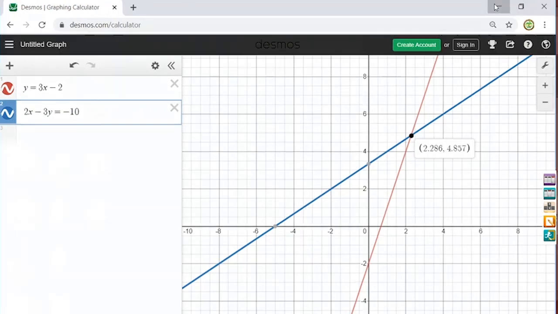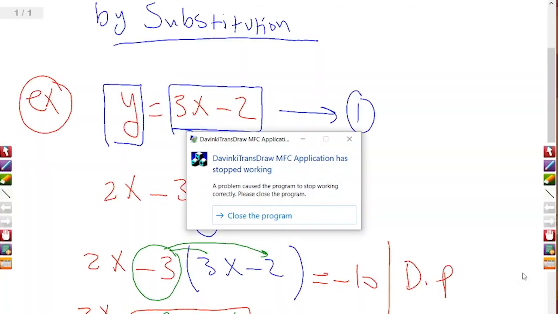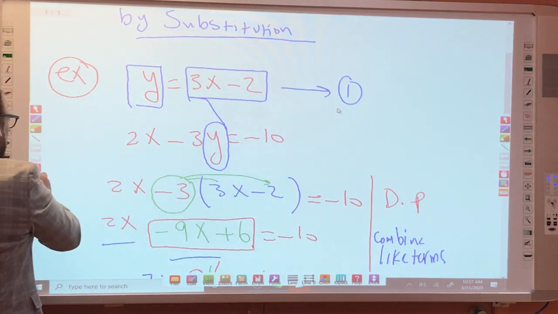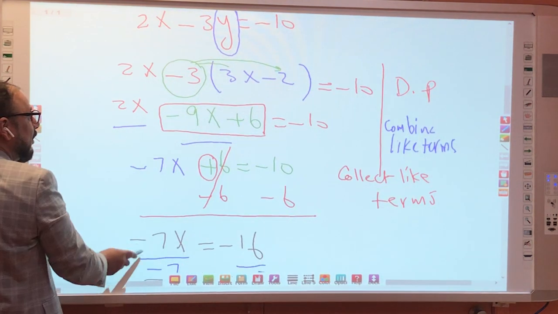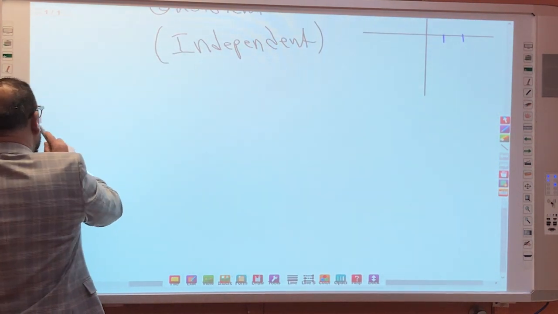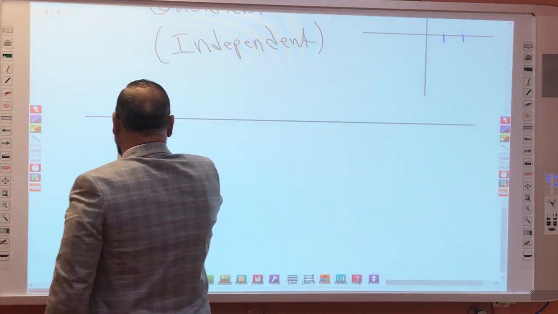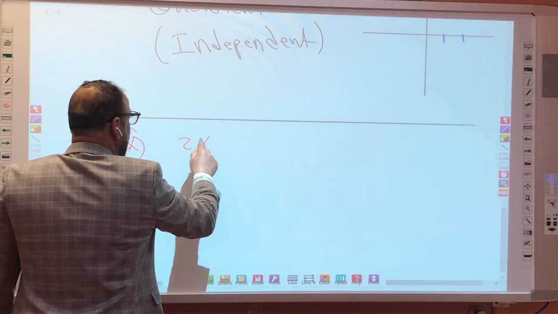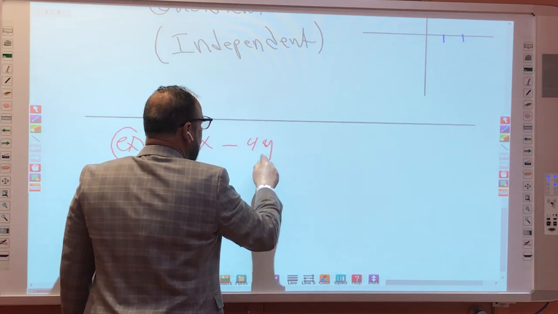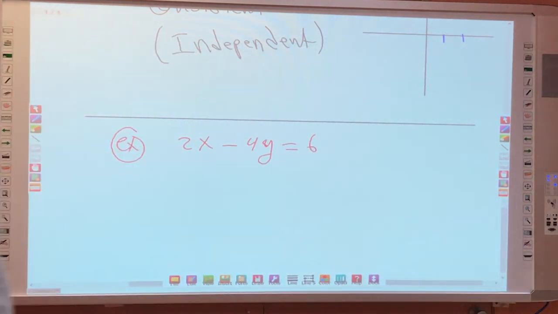Let us leave this alone, go back to our board, and take a little bit harder example. The first example was easy because I had one of the equations solved for one of the variables. But let us take this example. What do I have to do if I have 2x minus 4y equals 6?